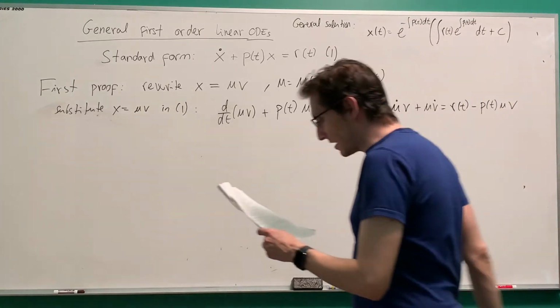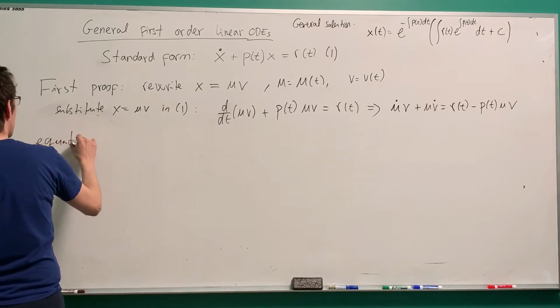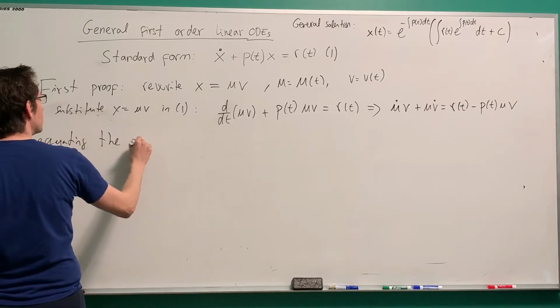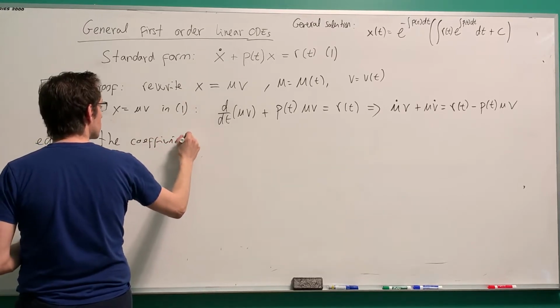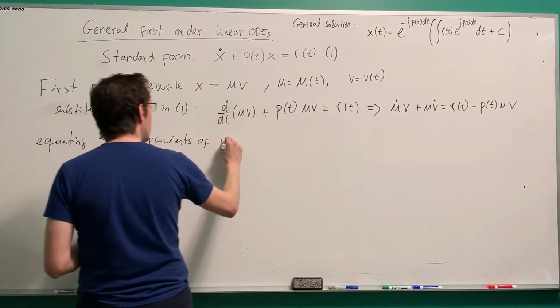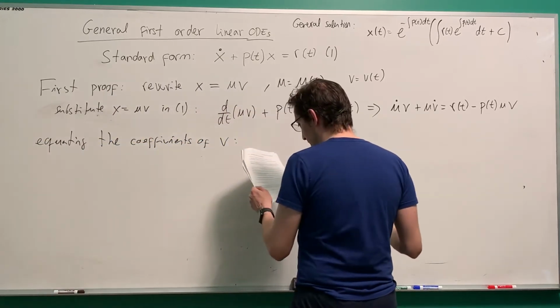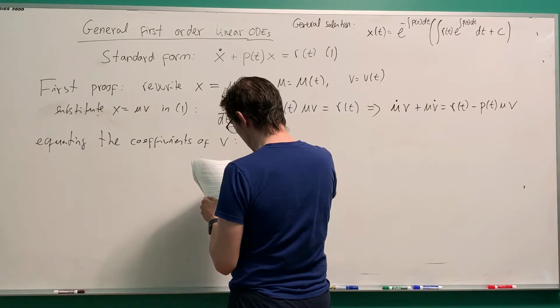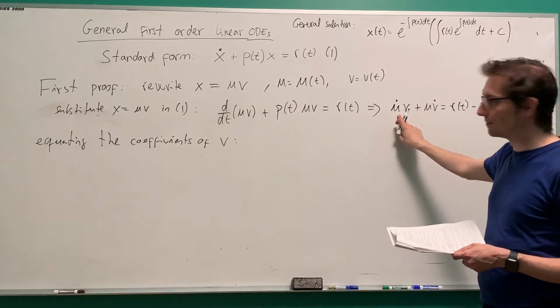All right, so let's equate the coefficients of v on both left and right hand side. What multiplies v on the left? u dot.